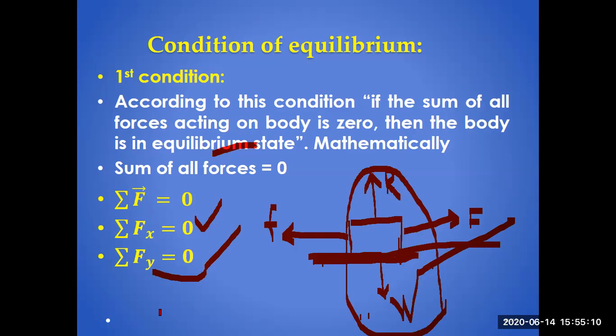This shows that if the body is at the state of rest, then the sum of all the forces acting on a body is zero. And we have further divided these forces into horizontal and vertical components to make it easier to understand. So this is the first condition of equilibrium.